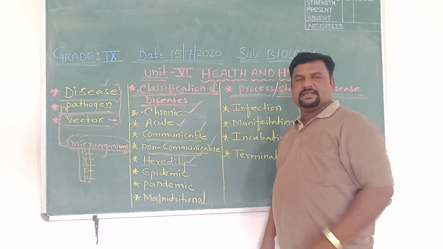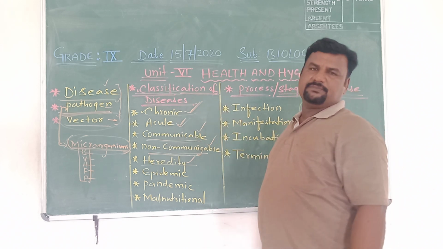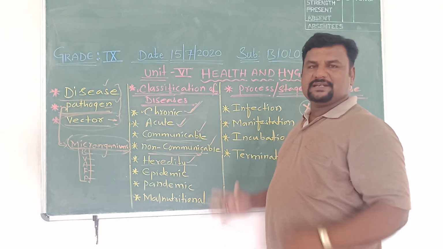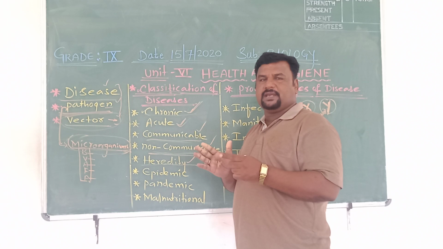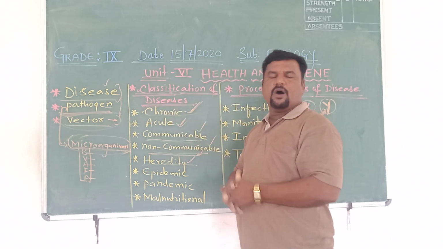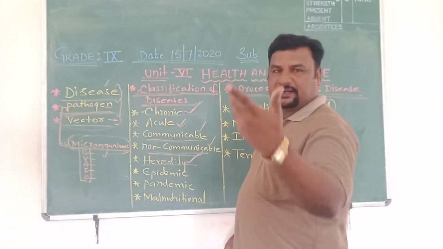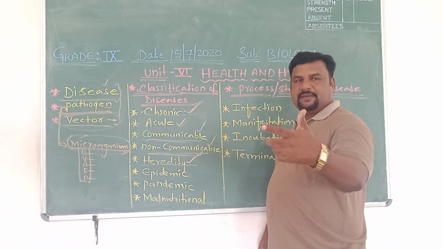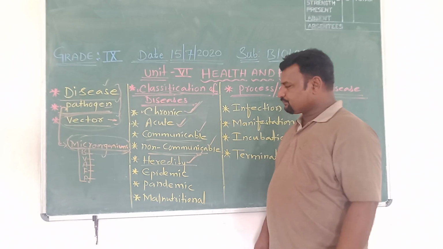In future, the children, the next generation, may also become victims of the disease. Such diseases are called hereditary diseases. Night blindness is an example. Diabetes is a common example.